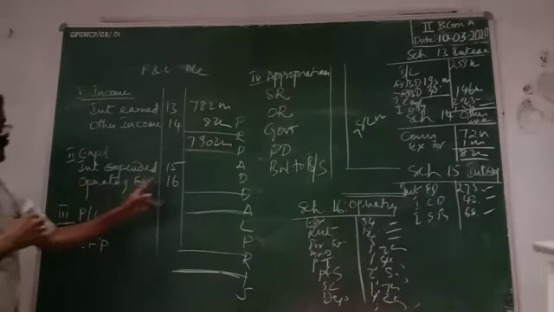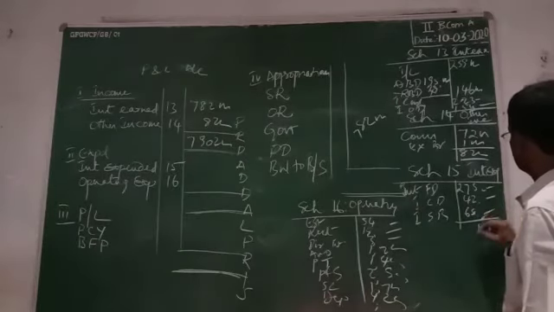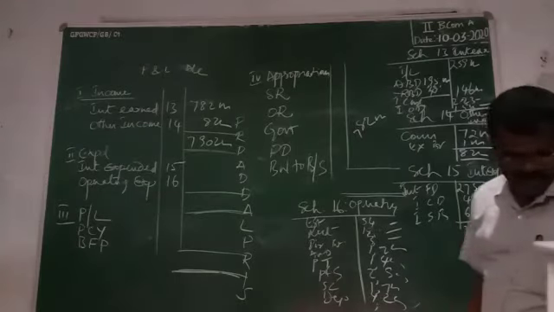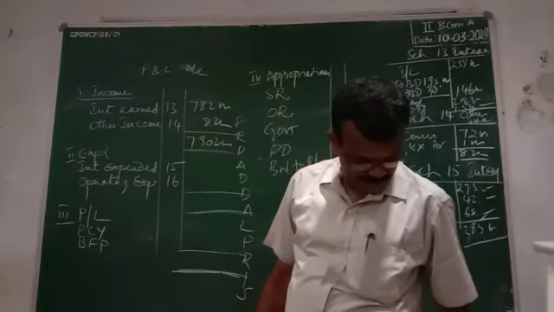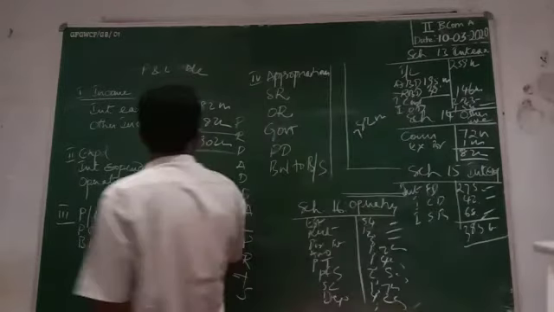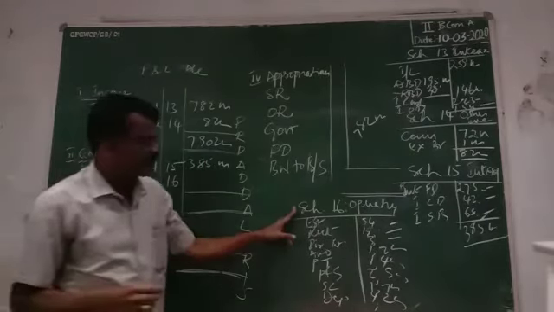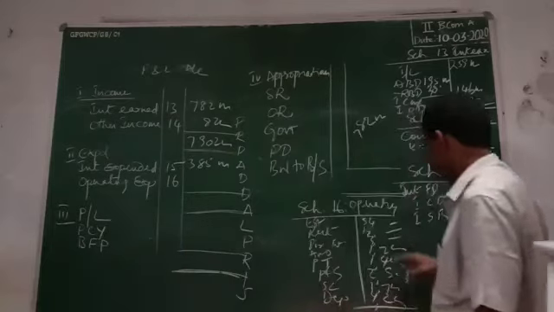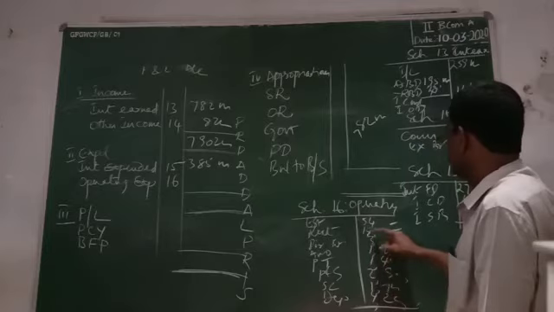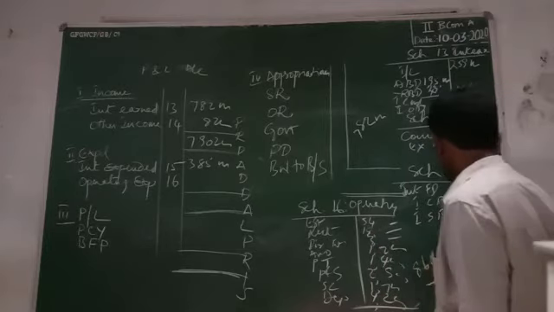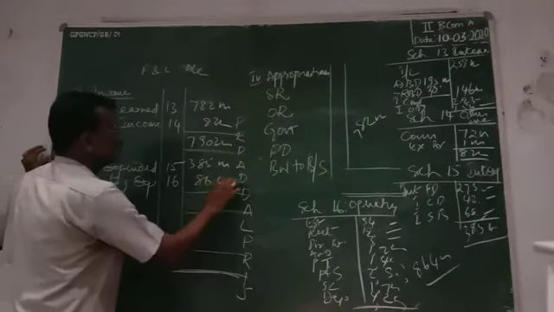And expenditure, interest expended 3,85,000. And operating expenses, schedule number 16, 86,400.